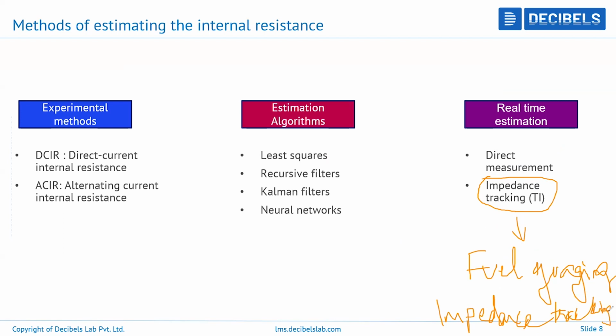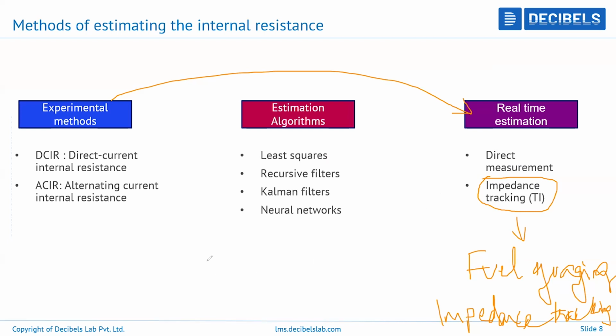Impedance tracking means it takes some experimental data as an initial starting point, and from there onwards, every few cycles, it keeps updating the resistance by measuring the OCV, the difference between OCV and the terminal voltage, within a particular SOC window.